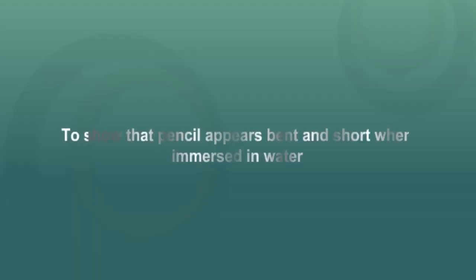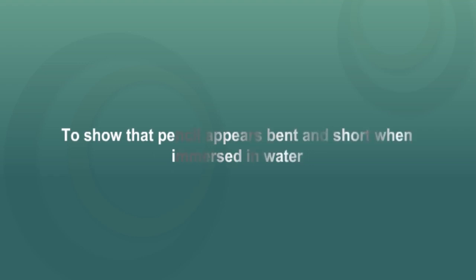Okay. Now students, let us see this particular phenomenon of refraction of light in certain common day-to-day observations, right? We will be doing an activity to show how a pencil appears bent and short when immersed in water.